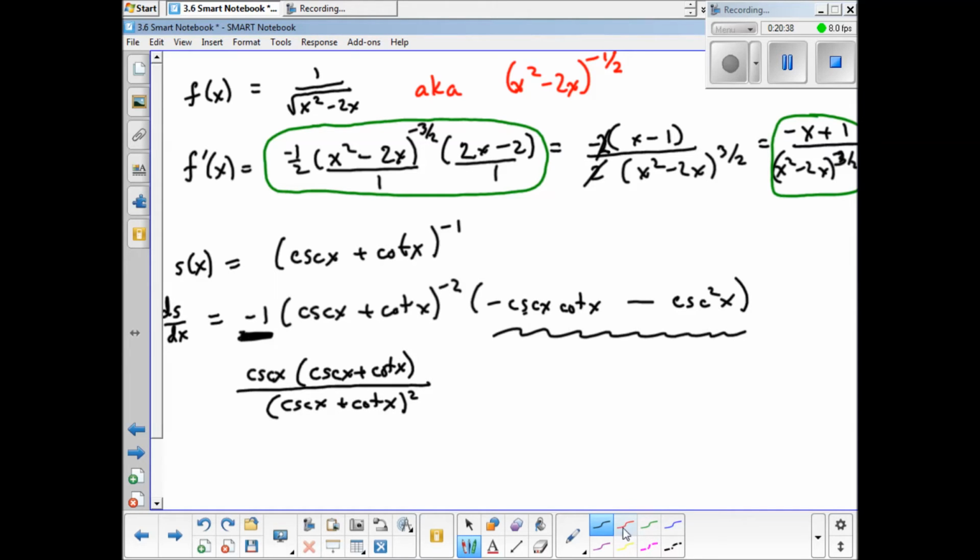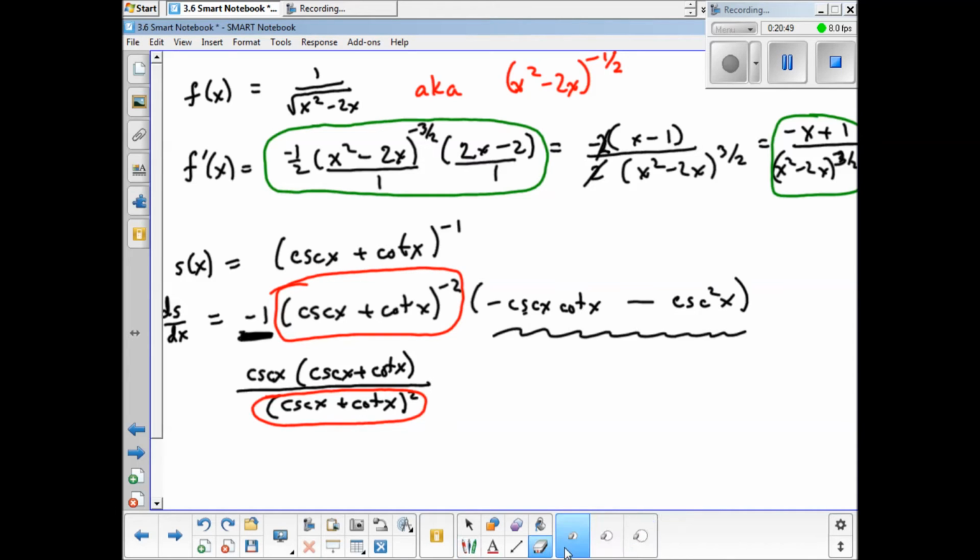This term is right here, that was just on the bottom. Then I factored out a negative cosecant from the term that I underlined here, and it canceled with the negative one up front.